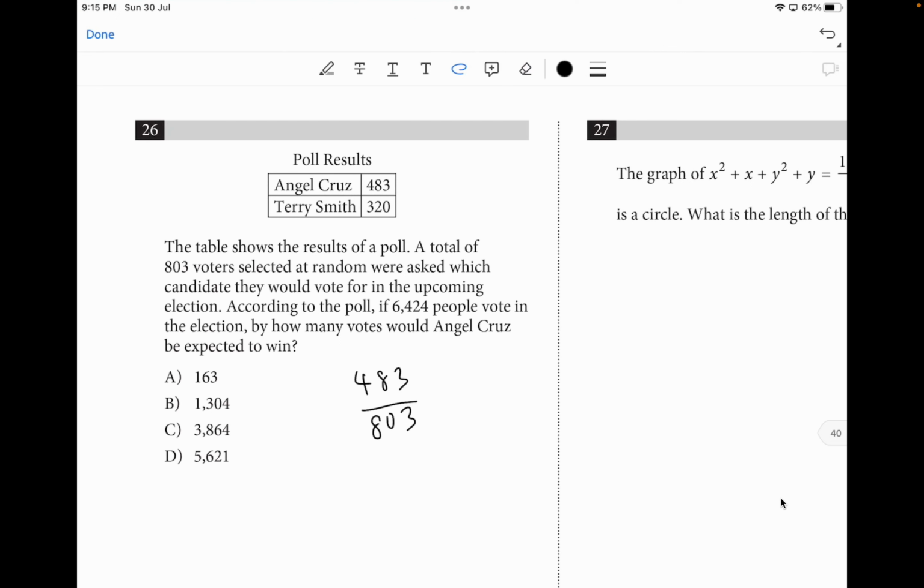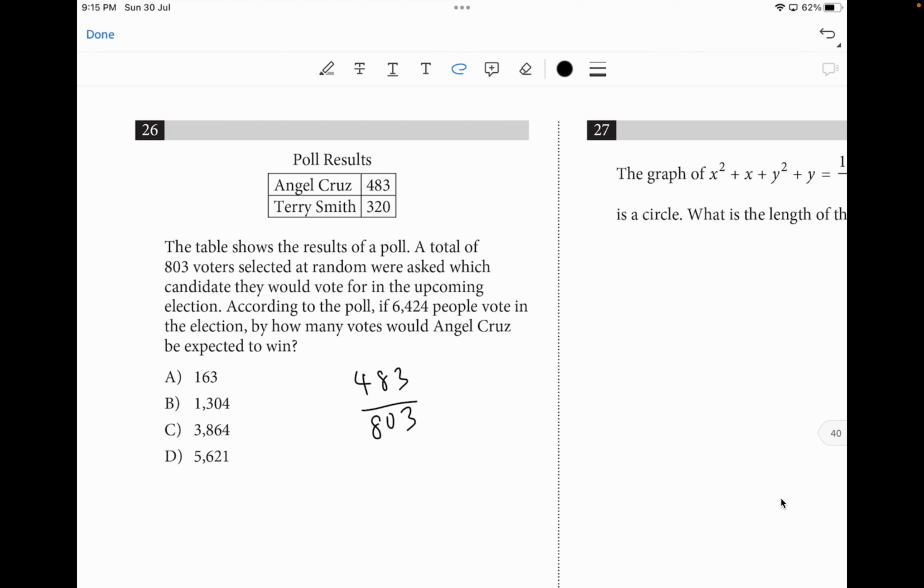And since it's also given that there are a total of 6,424 voters in the election, the total number of people who would be expected to vote for Angel Cruz would be, we just need to do 483 divided by 803 multiplied by 6,424. This should give you a value of the proportions.